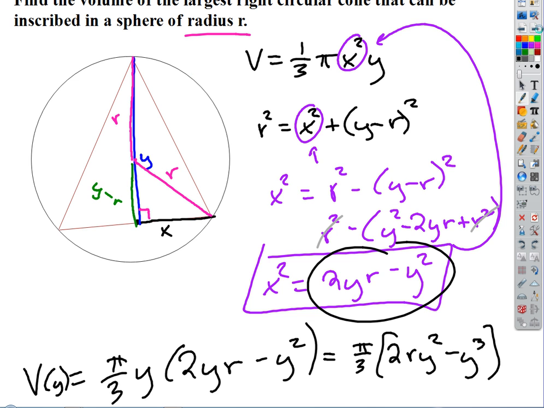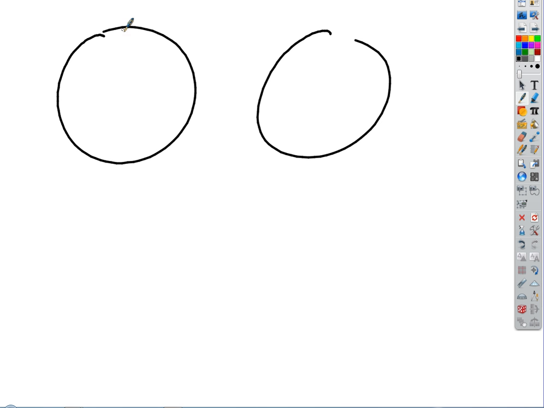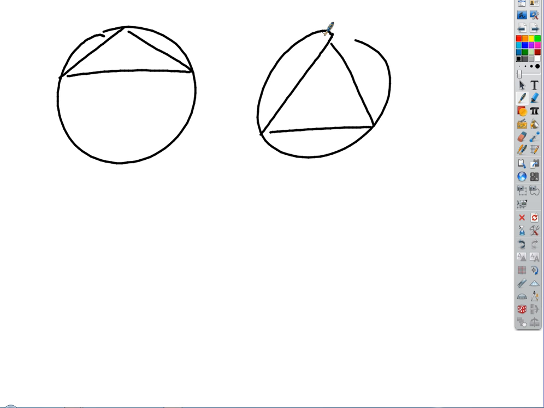Wouldn't you agree that if I did something like that, that triangle and that cone and that cone each have the same radius, but this one has a much bigger height, agreed? So would you ever want to choose a height that would be less than the radius of the sphere? No, it's going to give you the same radius for the cone as a much bigger one, right? I mean, it would make no sense, would it?